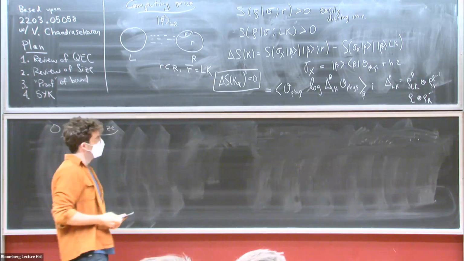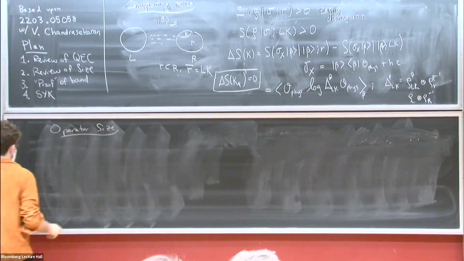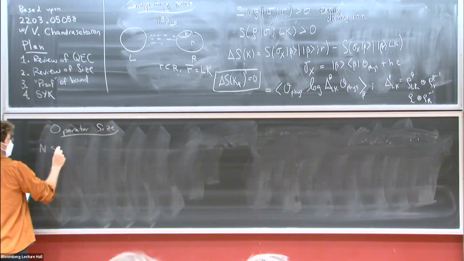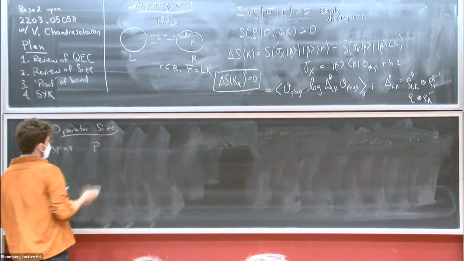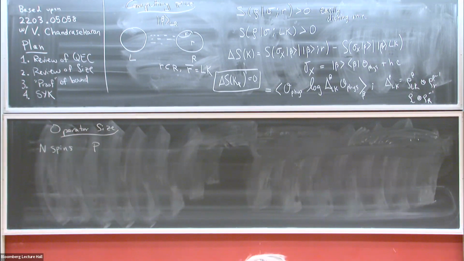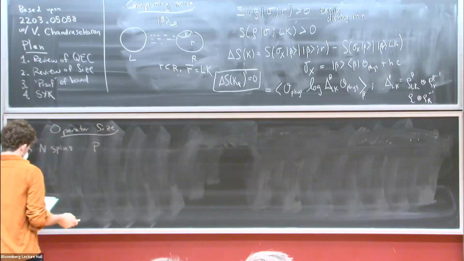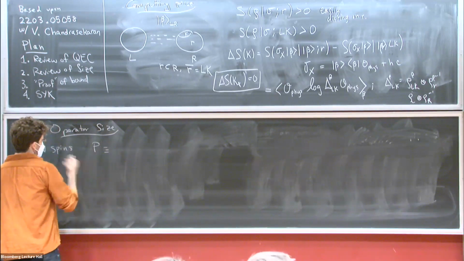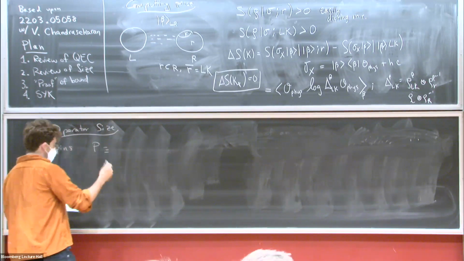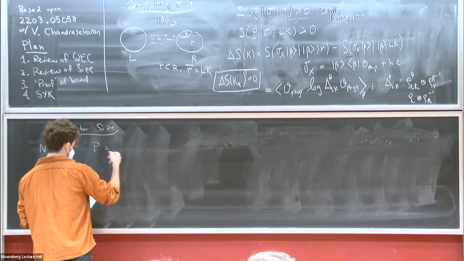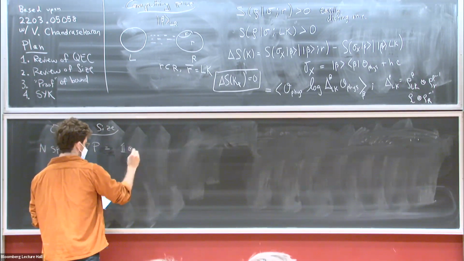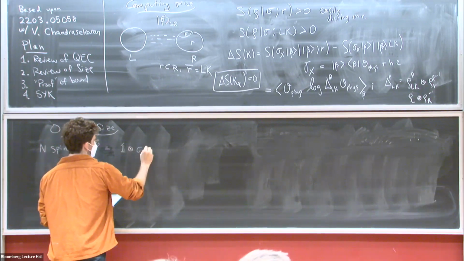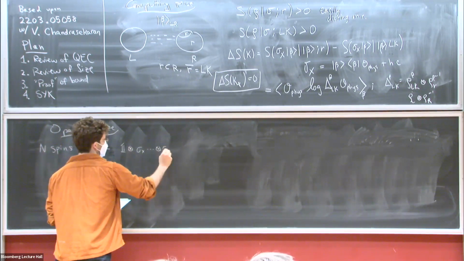Okay, so I wanted to relate these ideas to operator size. So let me tell you what operator size is. Imagine you have a system of n spins. There are particularly simple operators, given some tensor product structure that's probably given to you by your Hamiltonian, where you divide your system into n spins, and then there are a bunch of Pauli strings, which look like 1 on the first spin, tensor sigma x on the second spin, tensor sigma z on the 100th spin, and so on.